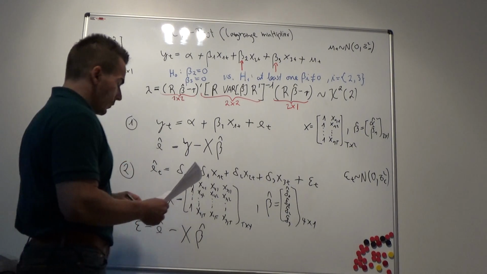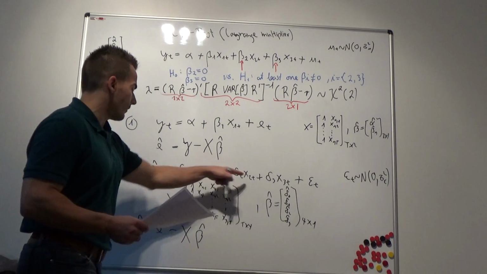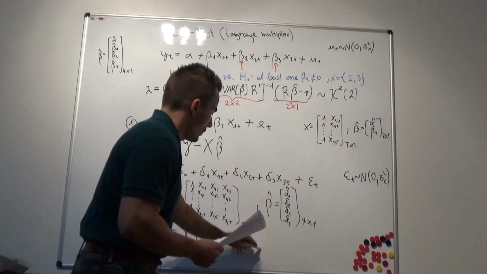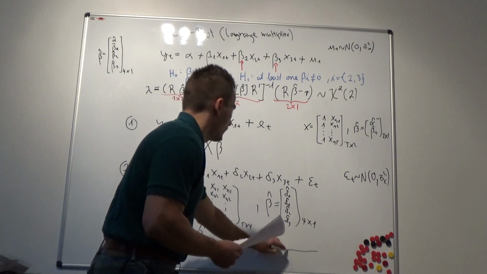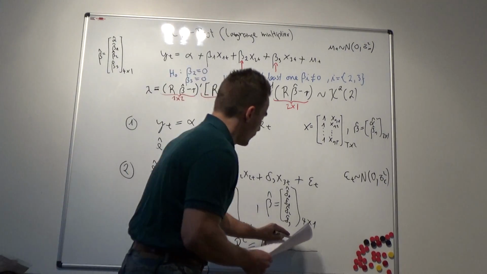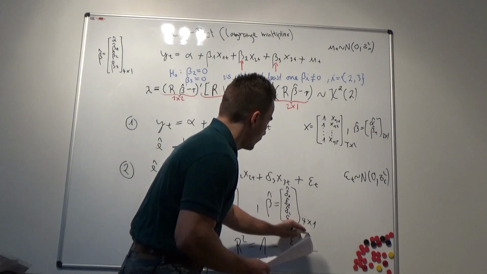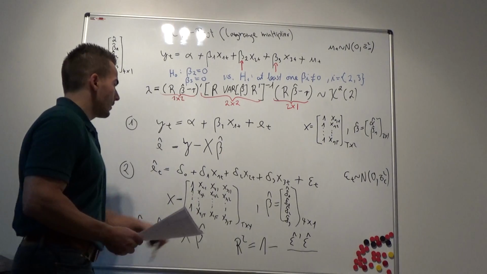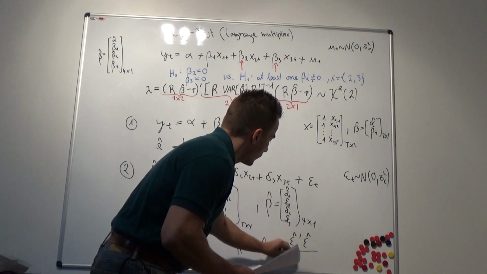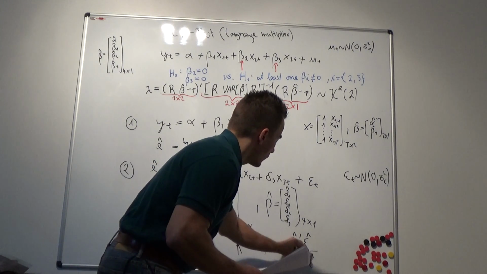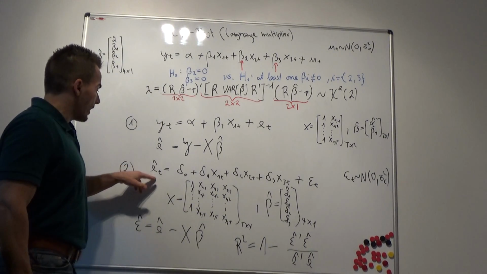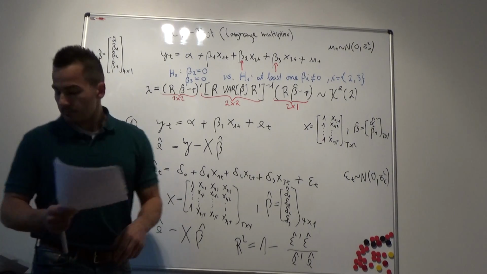So our R square of this auxiliary regression is defined as 1 minus this epsilon hat transposed times itself, so the estimated residual vector of that auxiliary regression equation, divided by e hat transposed times e hat, which is obviously the dependent variable of our auxiliary regression.